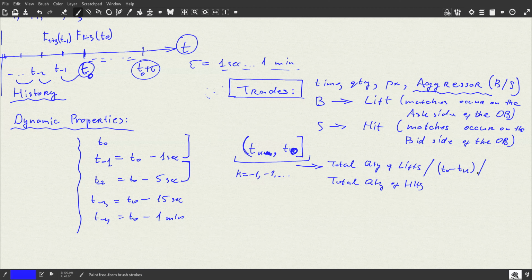I think it's going to be more useful, at least because you keep the number small, and this is a very good feature for non-linear learning algorithms. So for example, you divide it by the maximum band. Total quantity of lifts divided by time interval and divided by the maximum band.